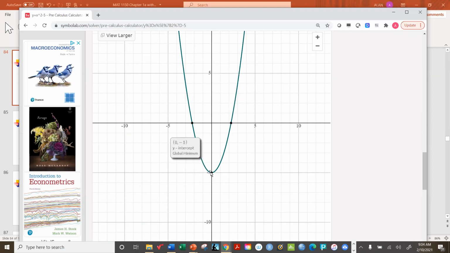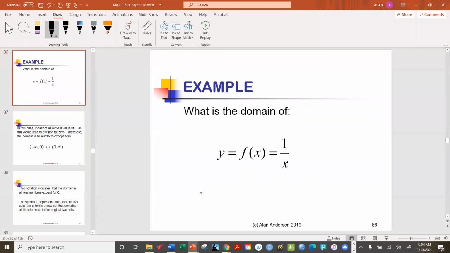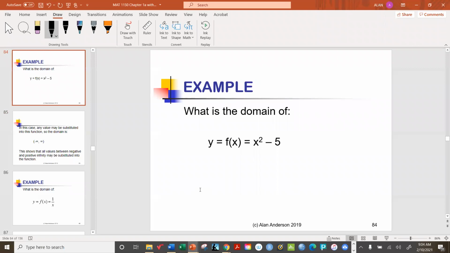So in other words, y is -5 and up, including the -5. So when we write this, we need to make sure... oh, you know what I just realized? The question was only about the domain, not the range, but still it's good to know how to do the range.